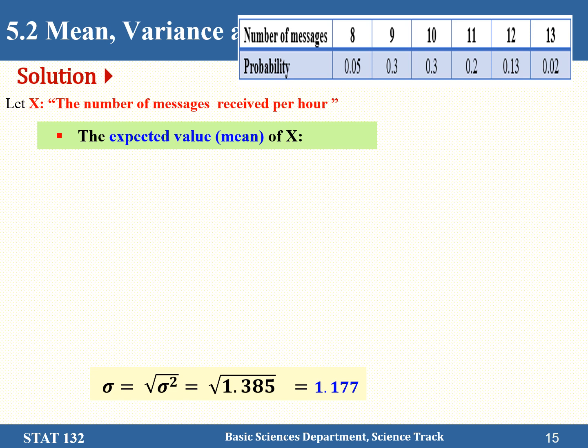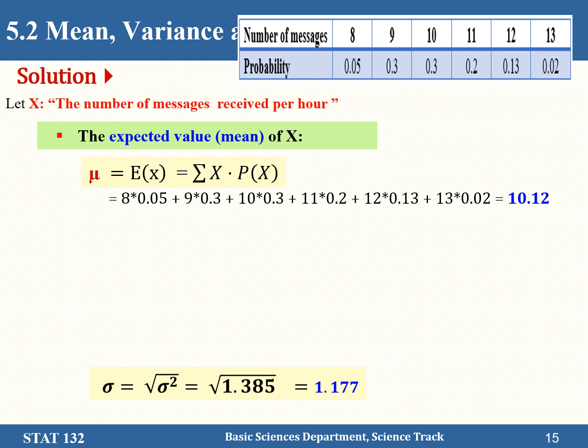As we know, it will be just the sum of the products of the x values and the probabilities. So if you look here, it's 8 times 0.005, 9 times 0.3, and so on. So it will give you 10.12. That means the expected value of the number of messages received per hour is 10.12.